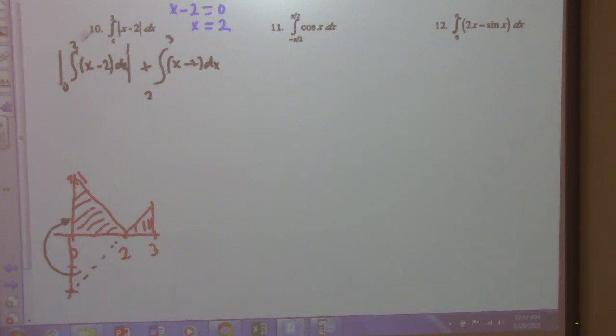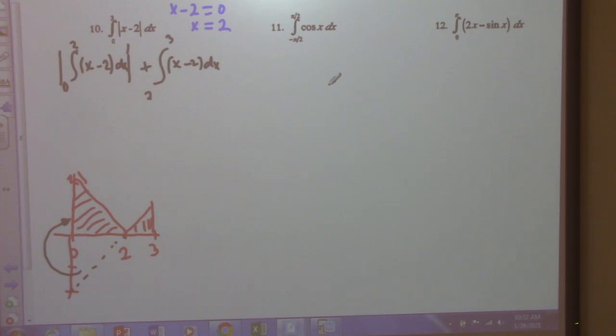I think, to me, this type of problem might be about the hardest type of problem I have to deal with on these. That's just me. Okay? So I don't know how often you'll run into that, but if you do, that's how you handle it. Find your zero and just draw a sketch like that.